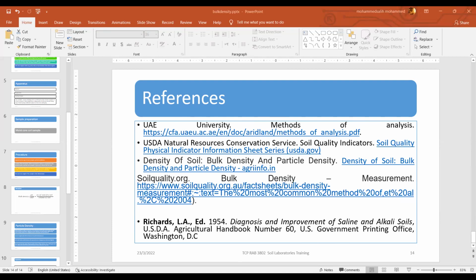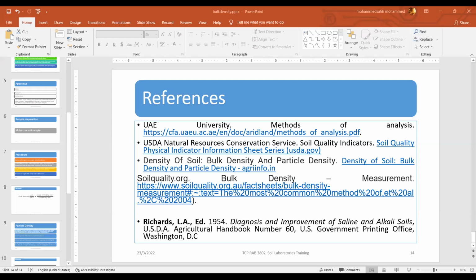So all in all, I think we can conclude that the difficult part in determination of bulk density or particle density is how to know the volume. The weight of the oven dry soil is very easy. You just take the soil and put it in the oven, then you weigh it, or in the case of bulk density, you just take the weight of the soil.